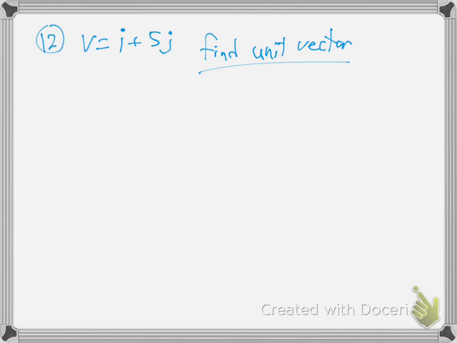So it's v over the magnitude of v, so we got to find the magnitude of v first, don't we? So the unit vector equals v over the magnitude of v. So that's going to be i plus 5j divided by, and what's the magnitude?